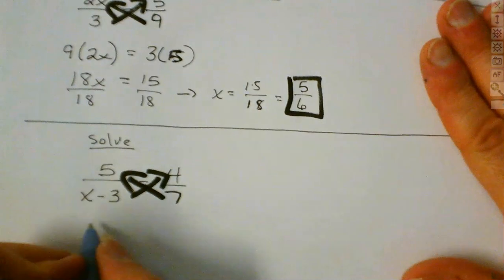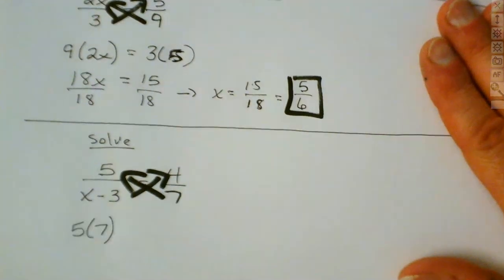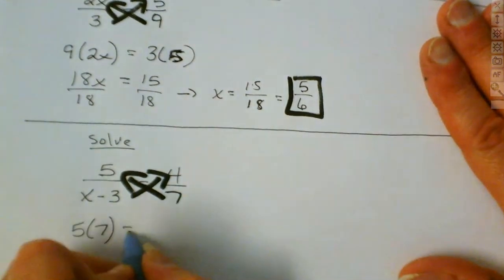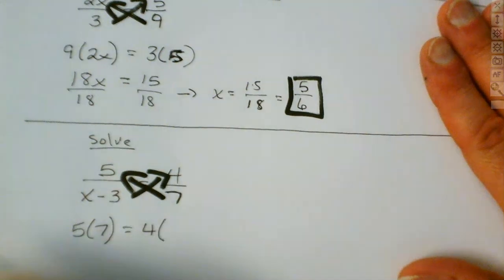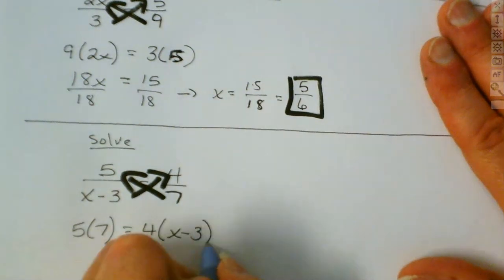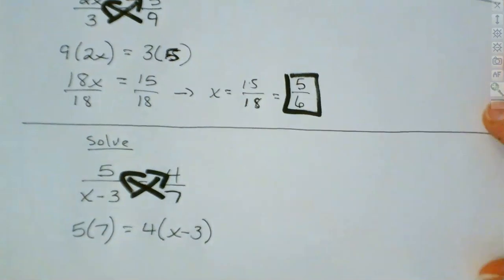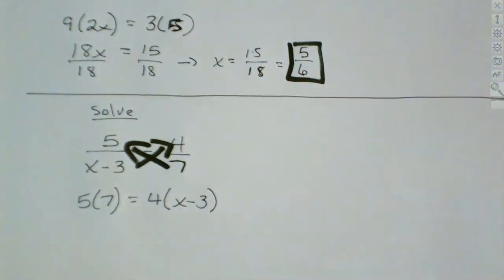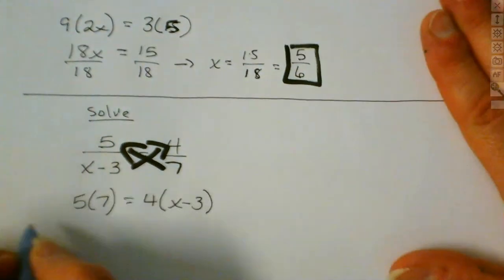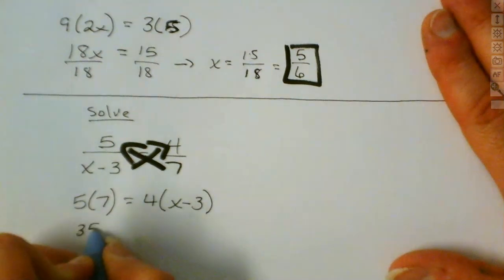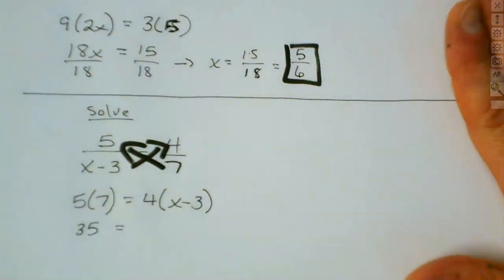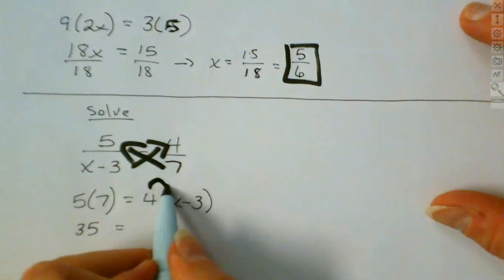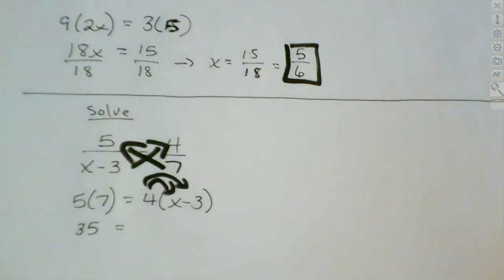When we cross multiply, 5 times 7 goes here. And then the other one is 4 times (x minus 3) there. And we can solve this. 5 times 7, well, that's 35. What do we do with the 4 now? Distribute it through.